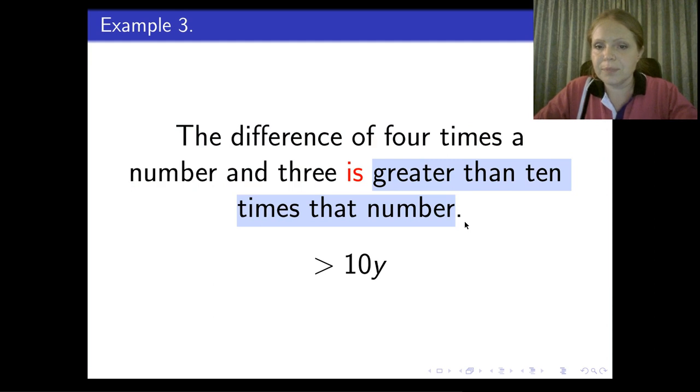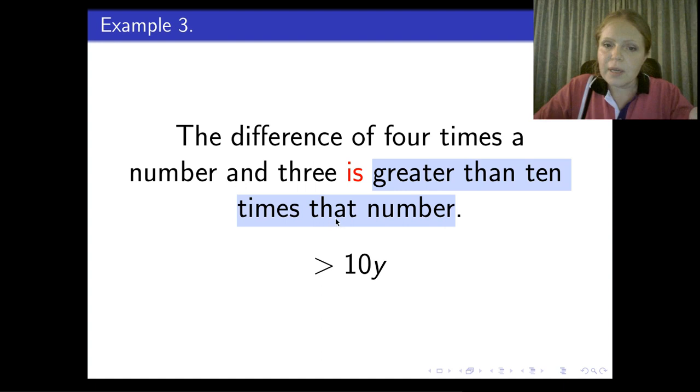Now the right side is greater than 10 times that number. Greater than is a very simple and understandable inequality sign. What does 10 times that number mean? You have to multiply 10 by that number.